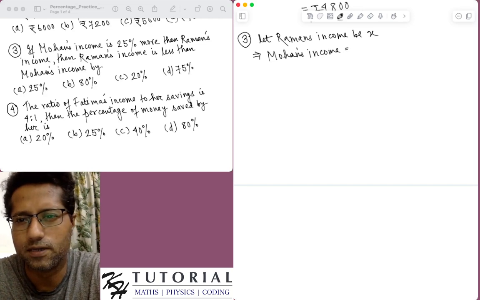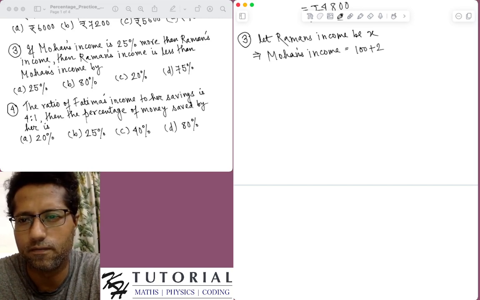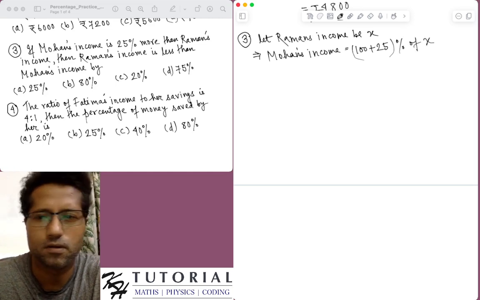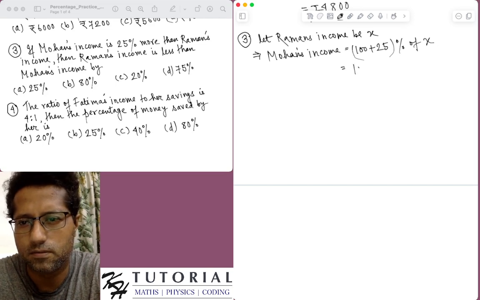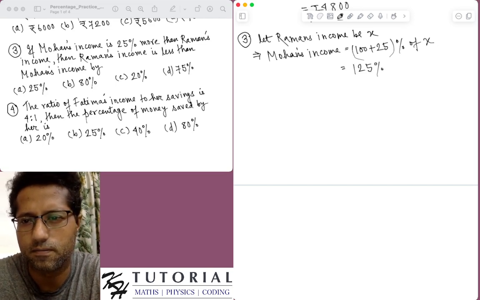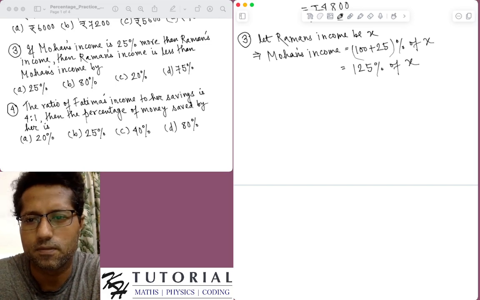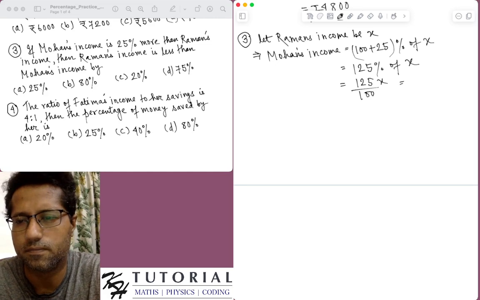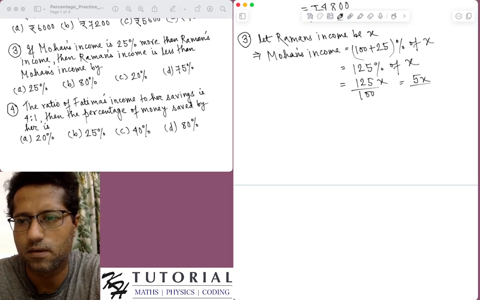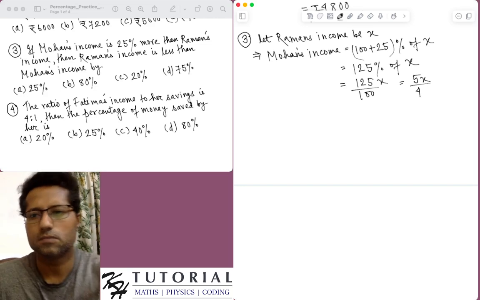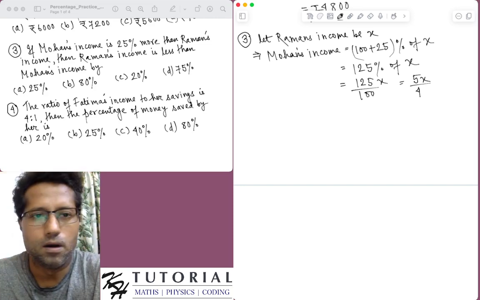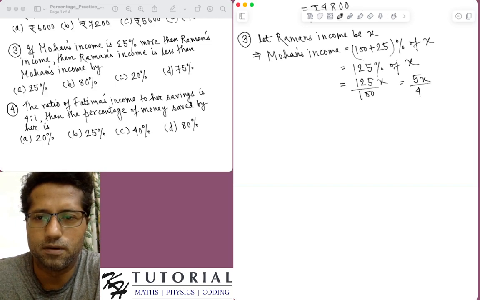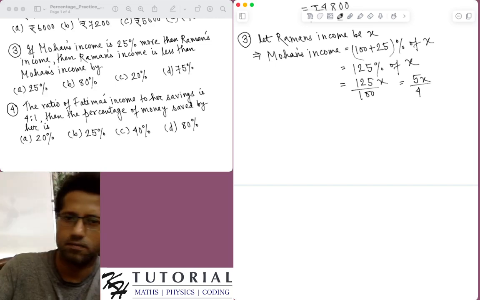So 25% more, we can say 100 plus 25 percent of X, where X is the income of Raman. This is 125% of X, 125 by 100 into X. Simplified, this will become 5x by 4. So Mohan's income is 5x by 4, where Raman's income is x.